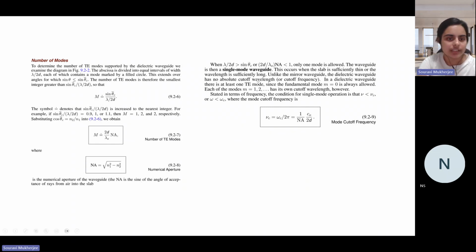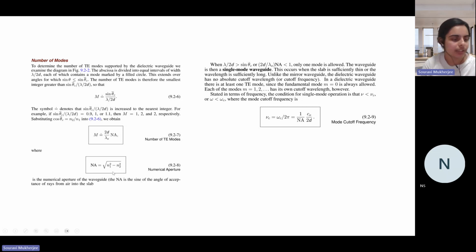In some cases, the refractive indices n1 and n2 might be given, and you might have to find the numerical aperture. In other cases, suppose your numerical aperture is given and the relative ratio is given. In that case, you can find n1 from the numerical aperture and the relative ratio, and then you can also find n2.